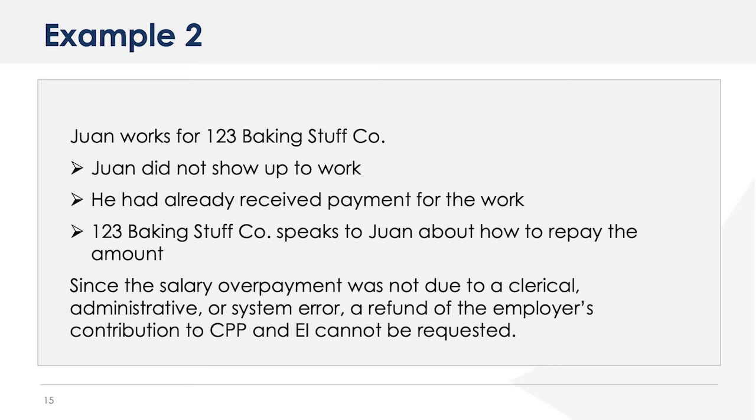In this example, since Juan was paid for work he did not do, the type of salary overpayment is from an employee not performing their duties or fulfilling a contractual obligation of which they had received payment for.